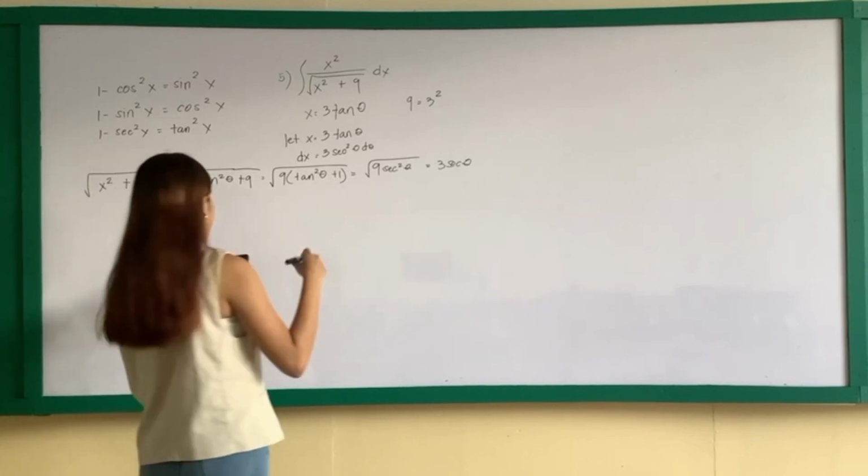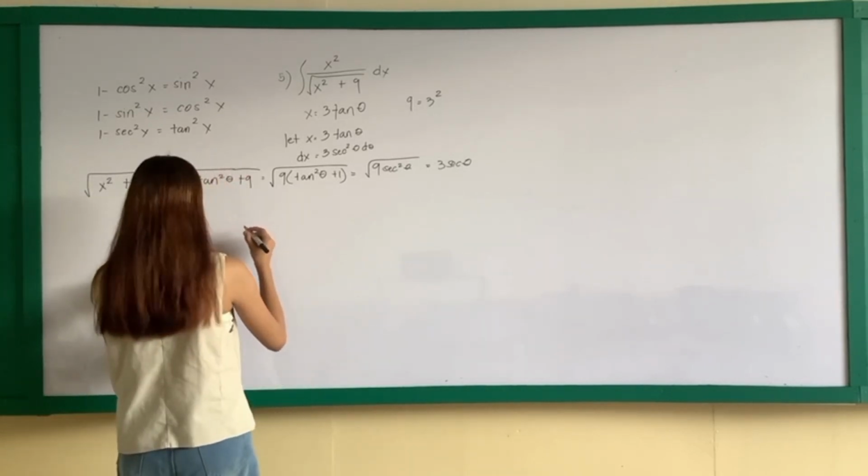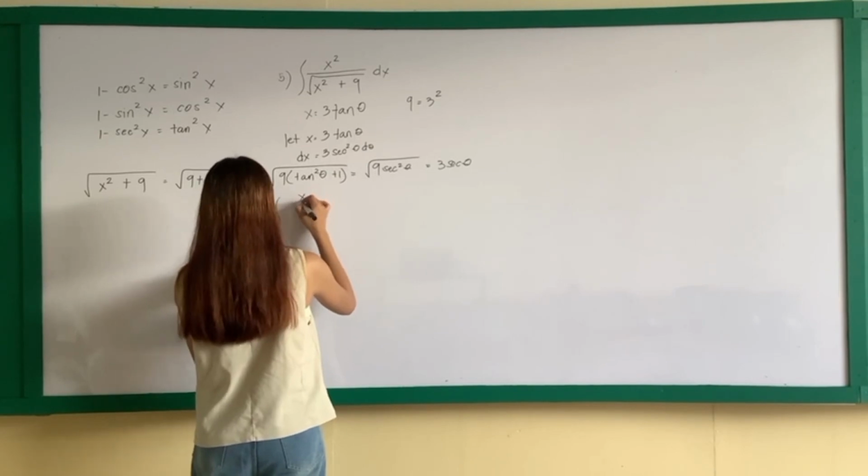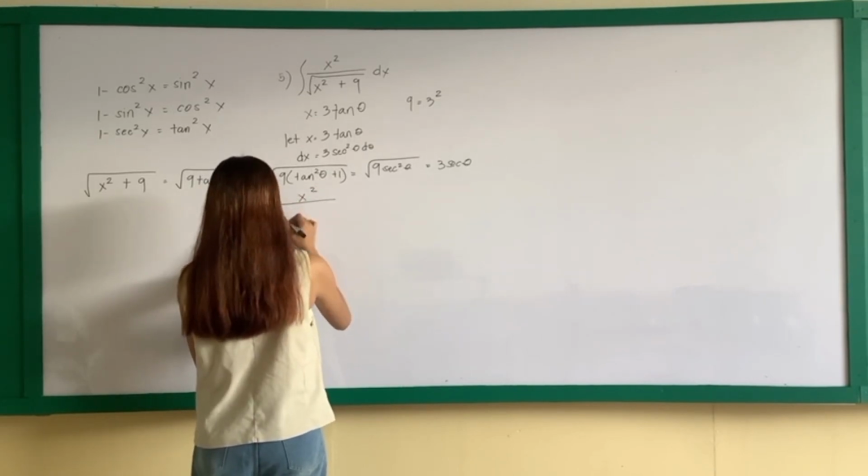So now let's integrate our given, which is x squared over the square root of x squared plus 9 dx.